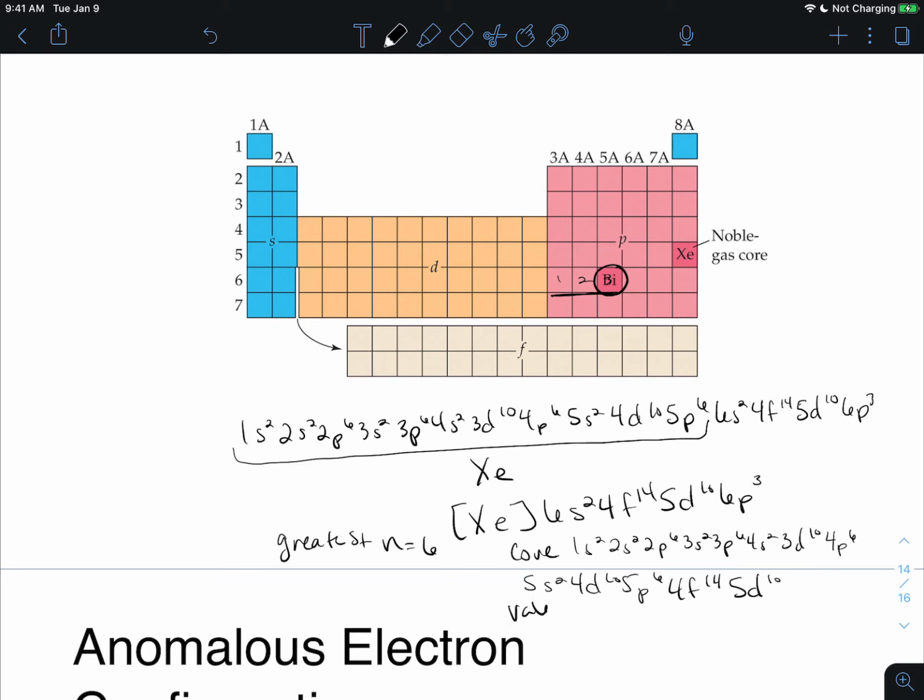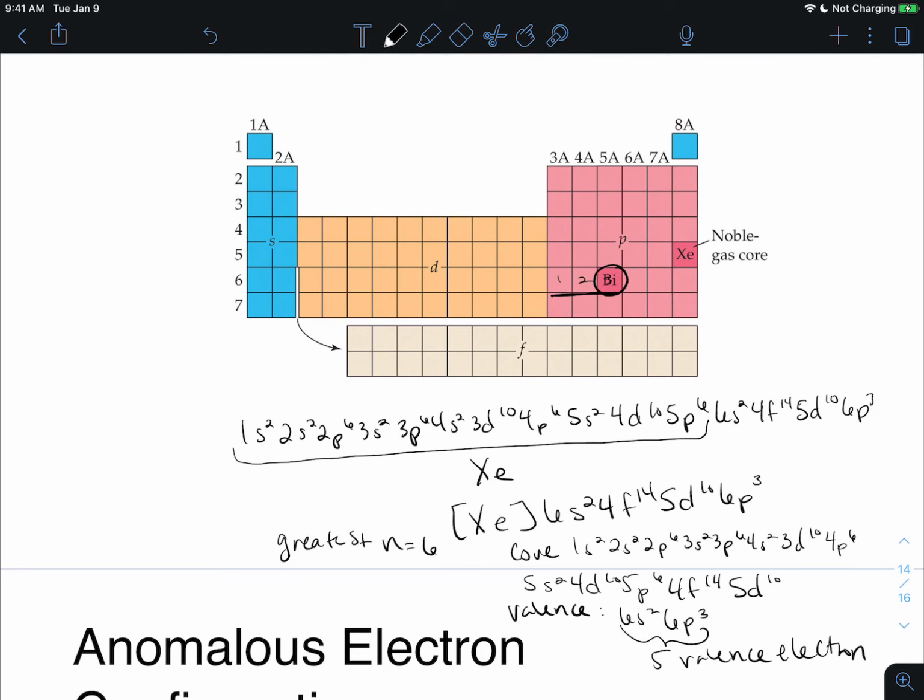And then our valence are going to be the 6s2 and the 6p3, giving us a total of 5 valence electrons.